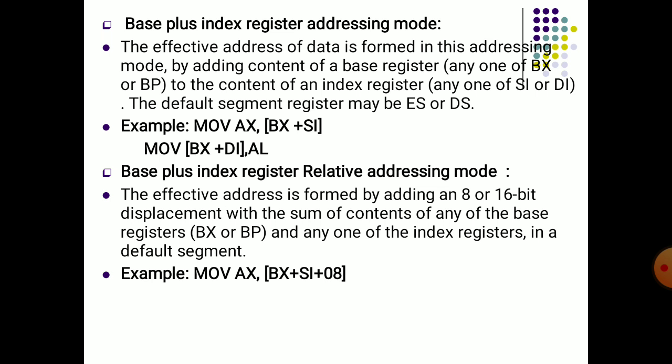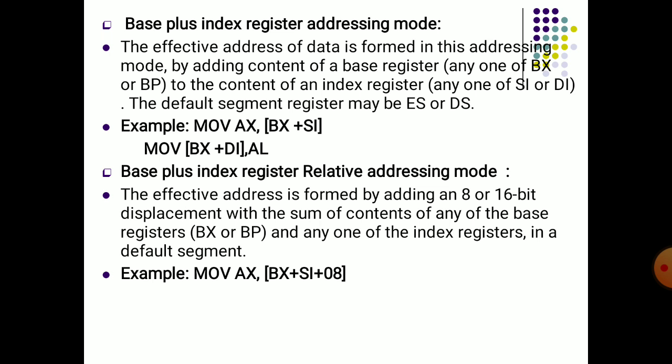So base is BX, plus index is either SI or DI. By seeing the example you can define the addressing mode: MOV AX, [BX + SI].